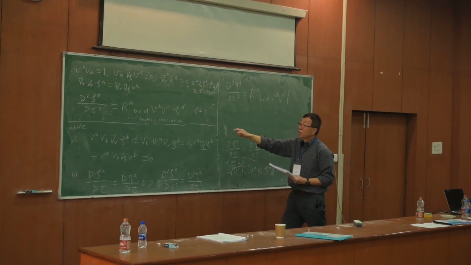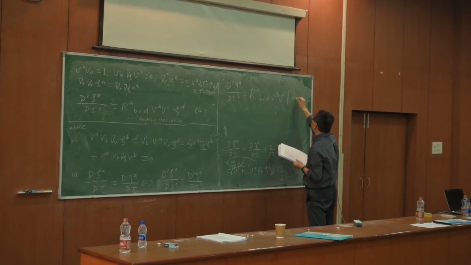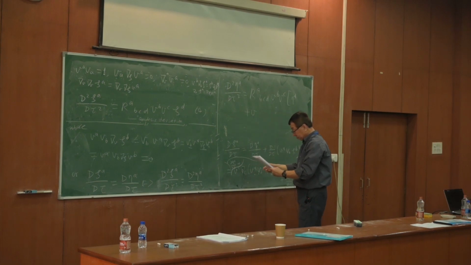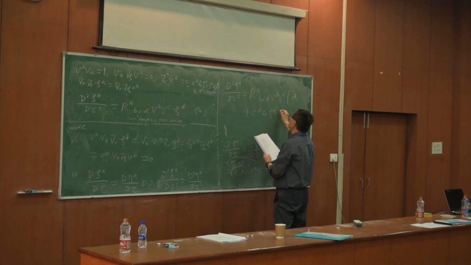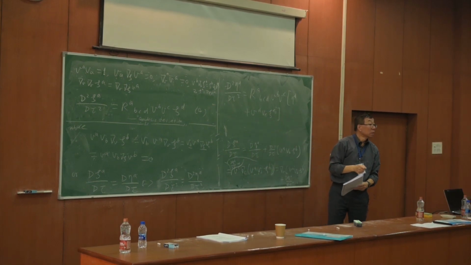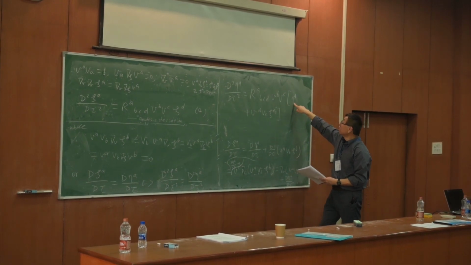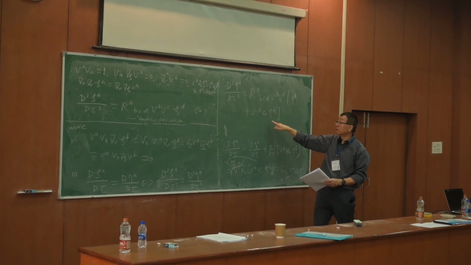Remember, we always change this: eta, psi_d equals eta_d plus v_d plus v^e. Correct? By definition, this is eta, this is psi_d. Psi_d equals eta_d plus v_d.